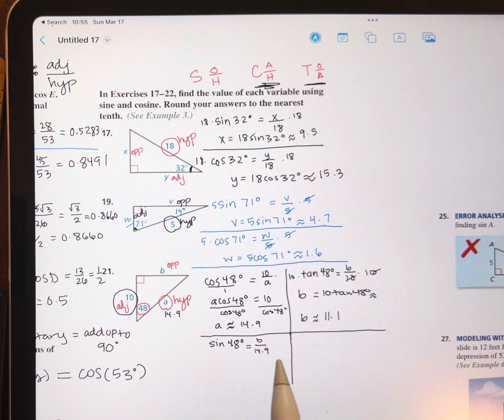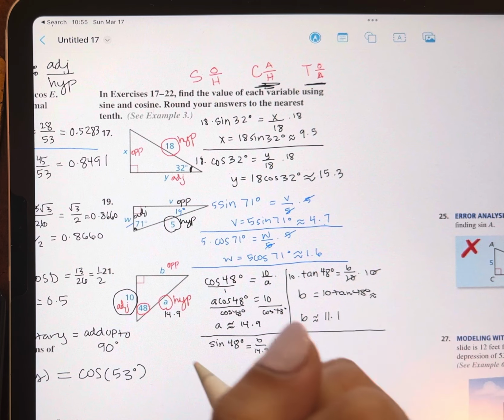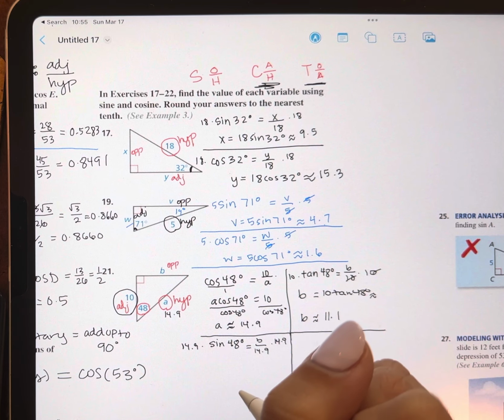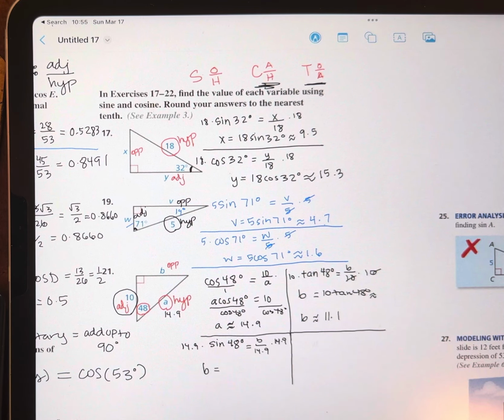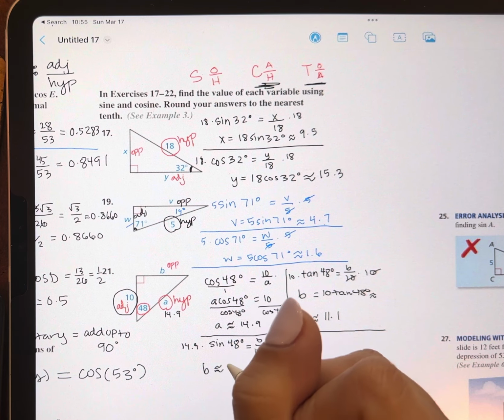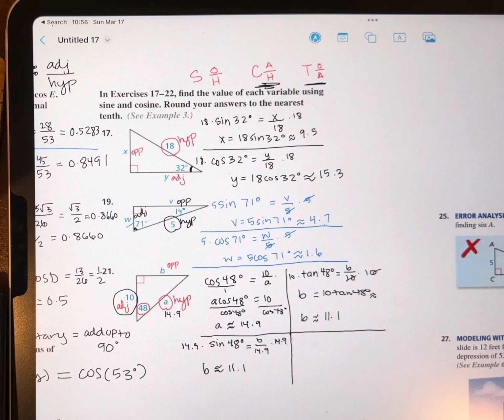Now that's a rounded answer, so it is going to affect the accuracy of this. But I multiply both sides by 14.9, and I get that b equals 14.9 sine of 48. And that comes out to 11.1. Same thing.